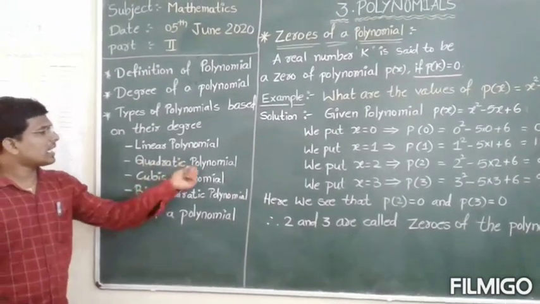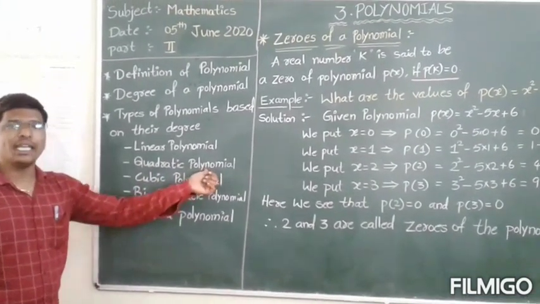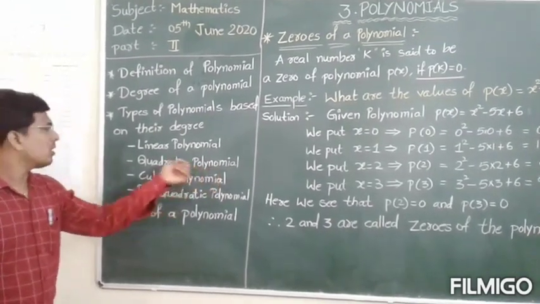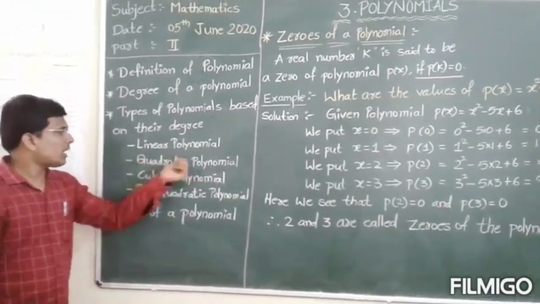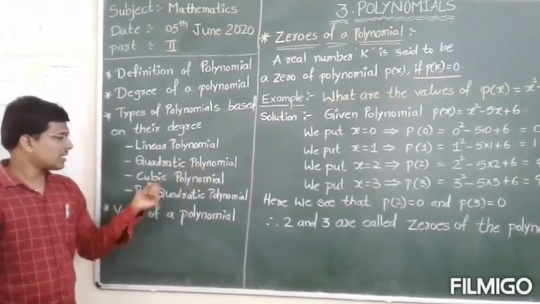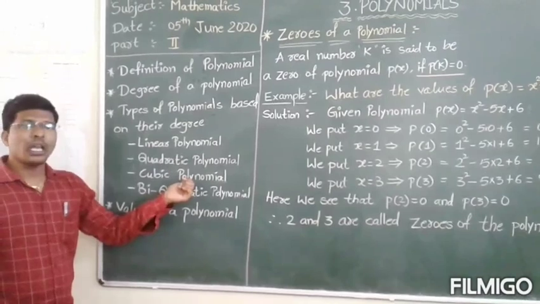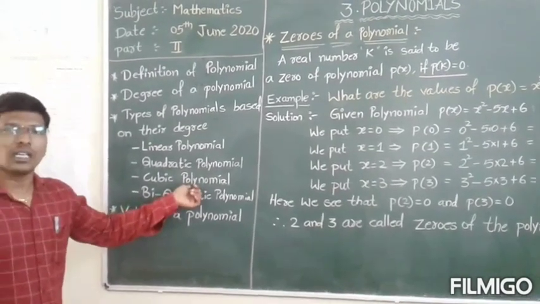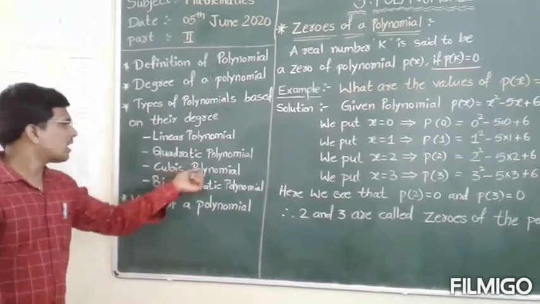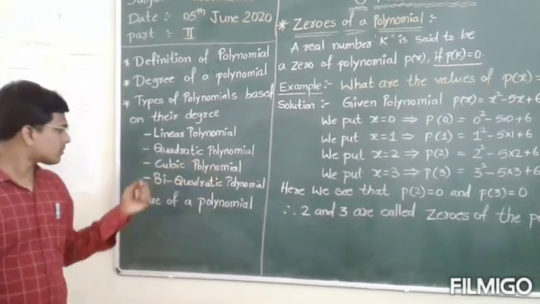Next, quadratic polynomial: any polynomial having degree 2 is known as a quadratic polynomial. Next, cubic polynomial: any polynomial having degree 3 is known as a cubic polynomial.